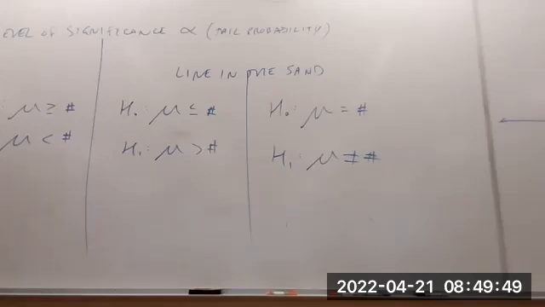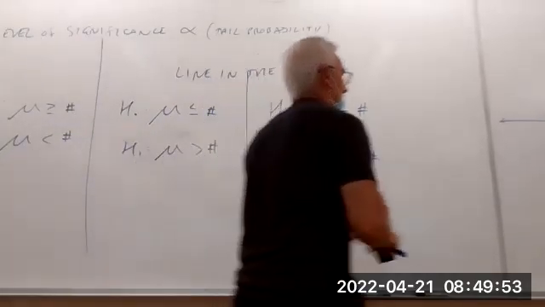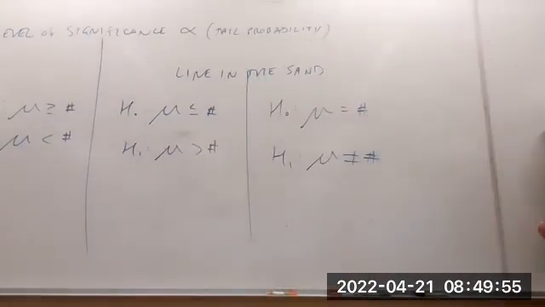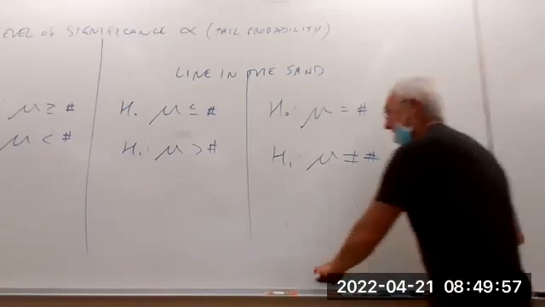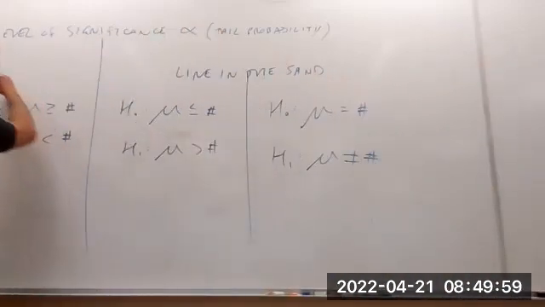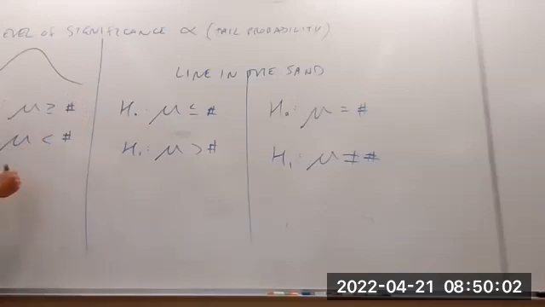We'll say at this level. So what does that mean? Well, let me give you a picture. There are three possibilities. What we say is we reject the null or we fail to reject the null.